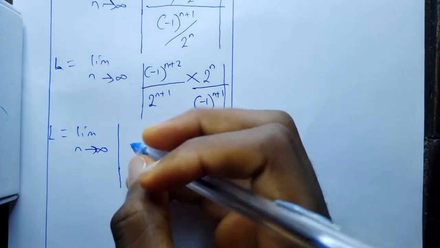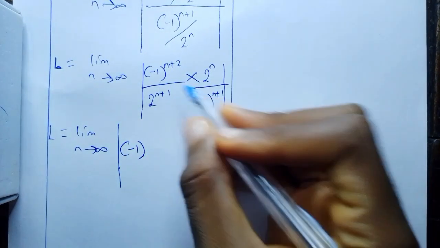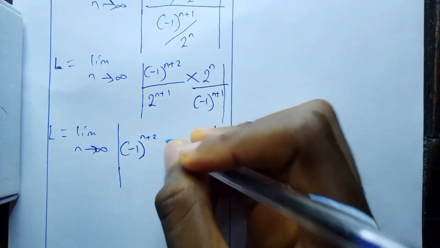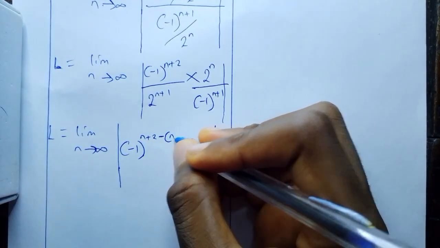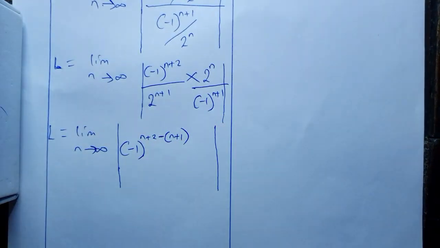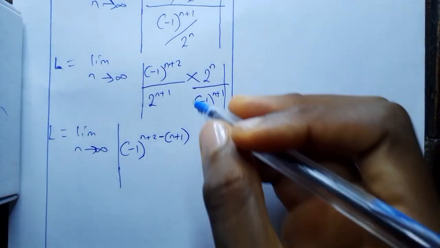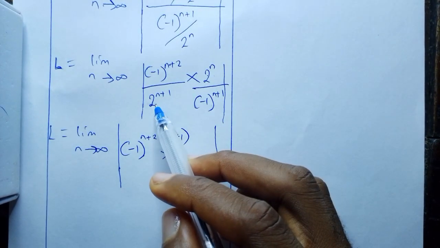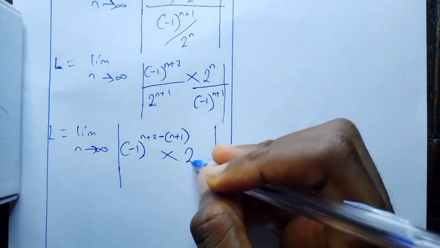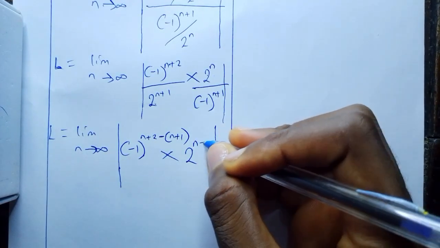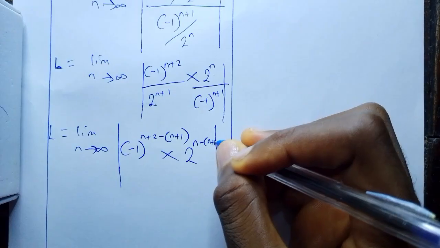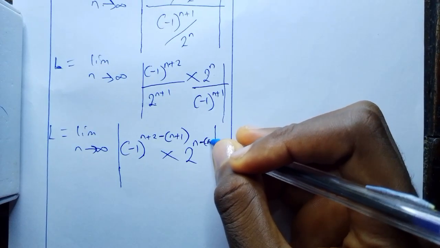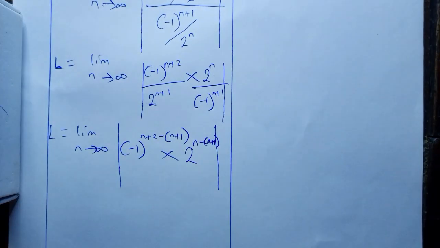So we have minus 1 to the power n plus 2 minus brackets n plus 1, according to indices, right? Then our times, now these two, the base is equal, we have 2 here, we have 2 here, so we subtract the power. So we have 2 to the power n minus brackets n plus 1. Oh sorry, n plus 1, I hope you guys can see it.